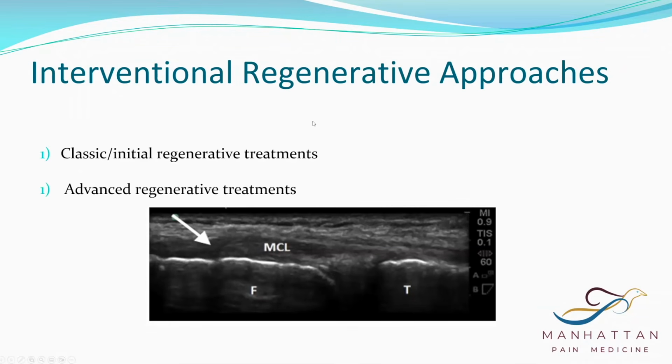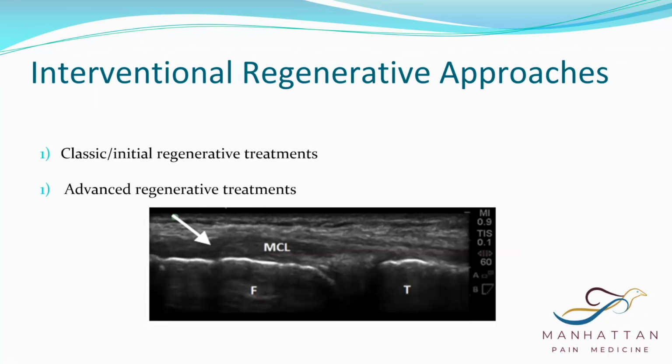Okay. So we talked a little bit about this, but there's really two approaches in the interventional aspects. One is what I call the classical and initial types of regenerative treatments, where we're really targeting a global area. I'll talk about the knee here.